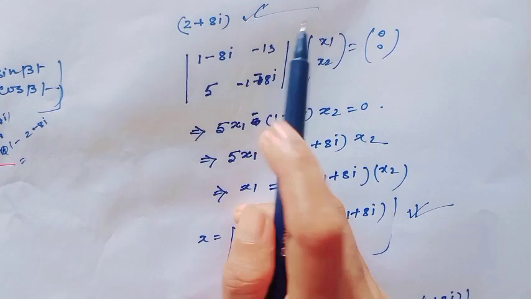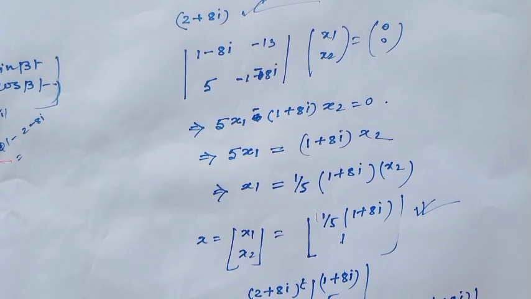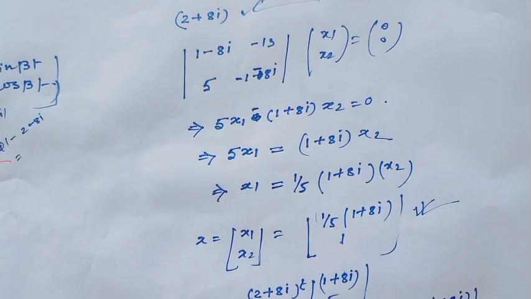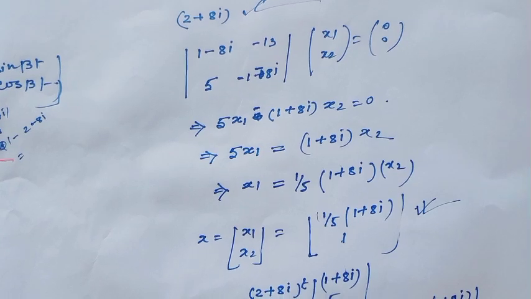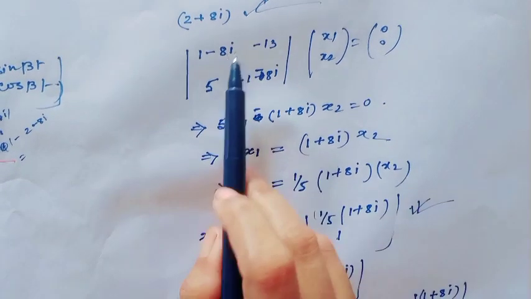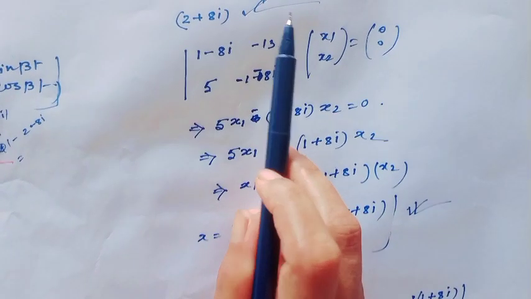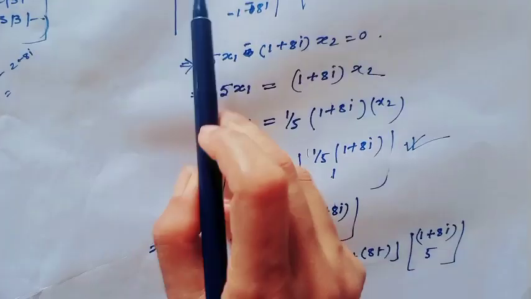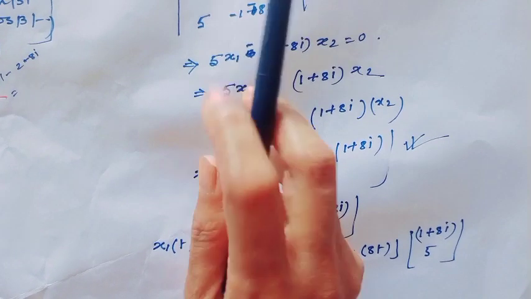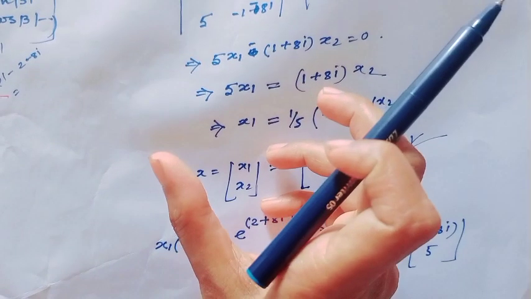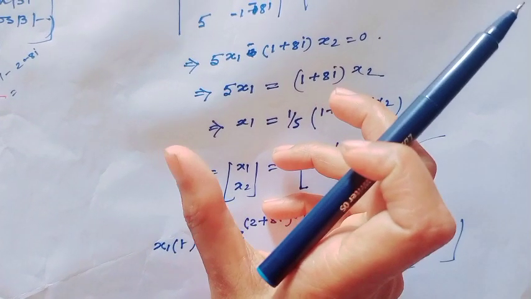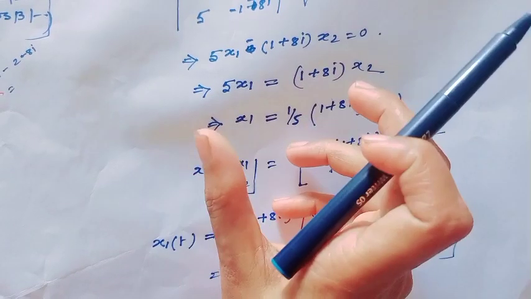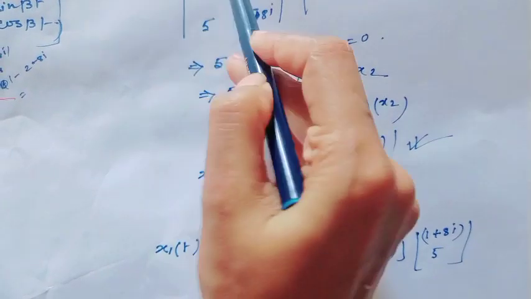Eigenvalue 2 plus 8i. In the other case, I considered two eigenvectors, but here I have considered only one eigenvector, because as we saw a few minutes ago, when the roots are complex, I will always get two linearly independent solutions with respect to this eigenvalue.